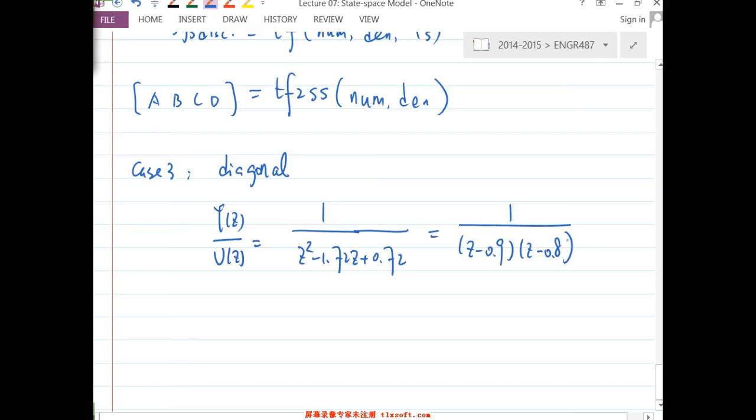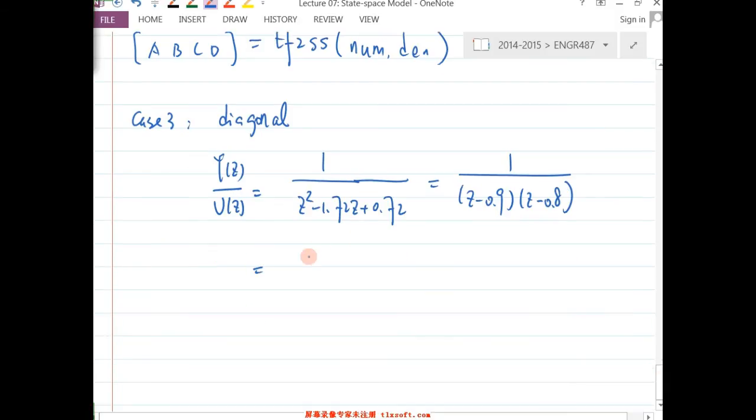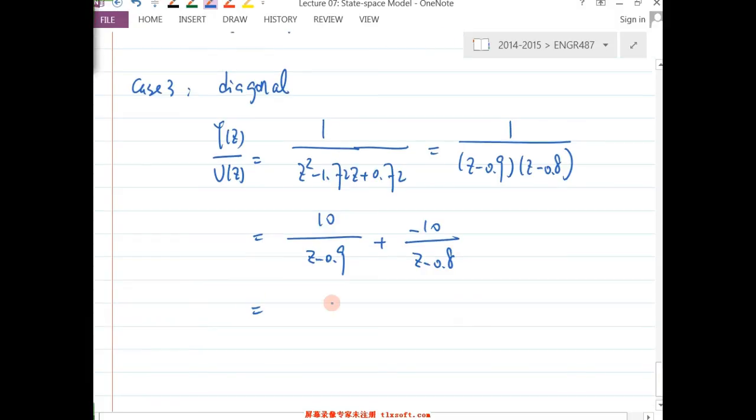If I use partial fraction expansion on this, I'm going to get this. And I can go one step further here, so basically write it into the DSP format.